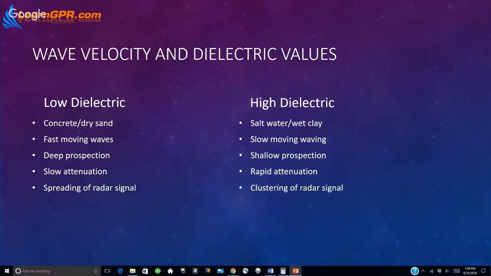It does work in clay. And I'm going to give you some examples right next that show the use of GPR within clay environments. So yes, you can use it in clay, but you have to understand the limitations in clay and understand the kinds of frequencies you can use to try to overcome those limitations.